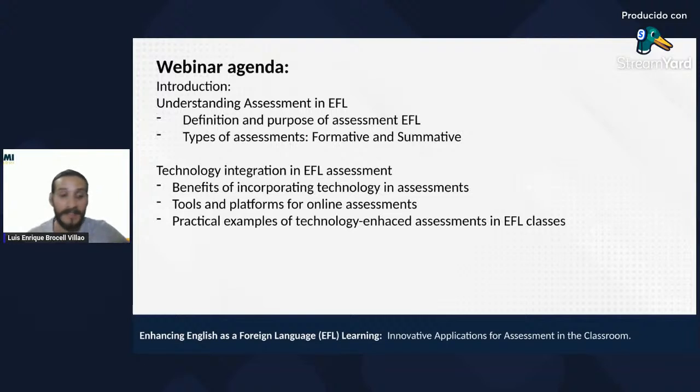A test is not the same. A test, a quiz, an exam, a measurement test, an evaluation, all of these are similar but have their differences. What types of assessment do we have? In teaching, we have the formative and the summative assessment. In the next minutes, we're going to go through it.